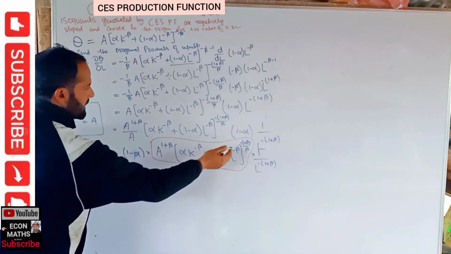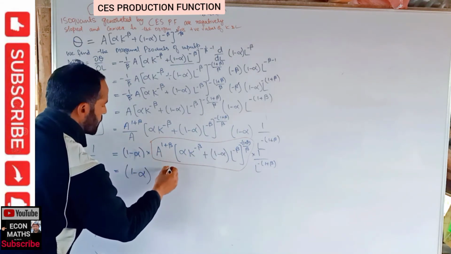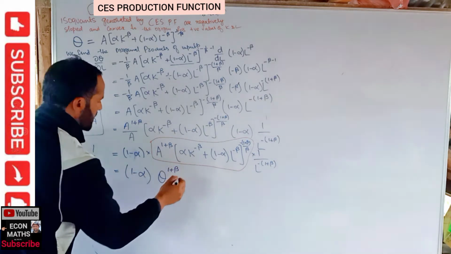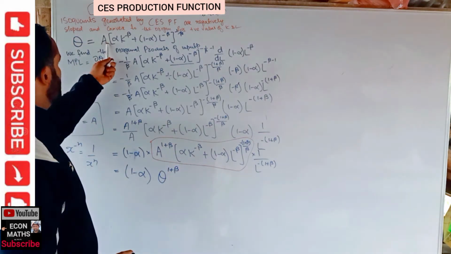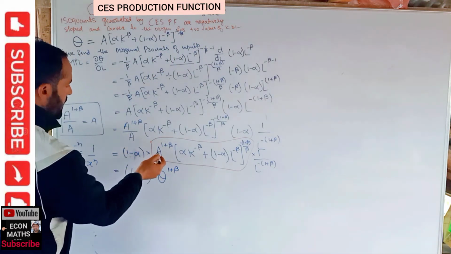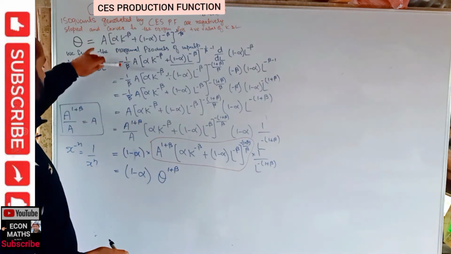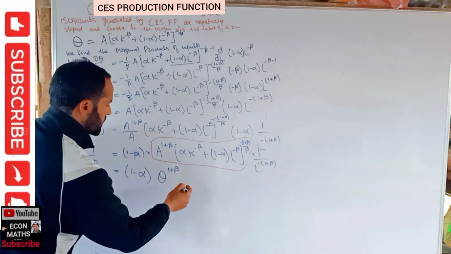In place of this we can write Q to the power 1 plus beta. Since Q is equal to this very function, here we have A to the power 1 plus beta, and here we also have 1 plus beta. So this will become Q to the power 1 plus beta here.